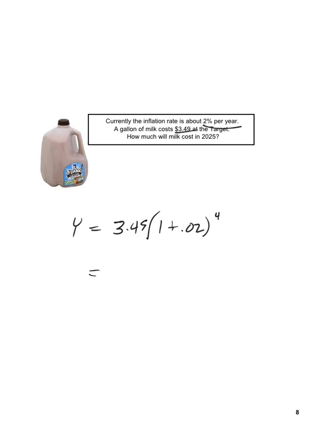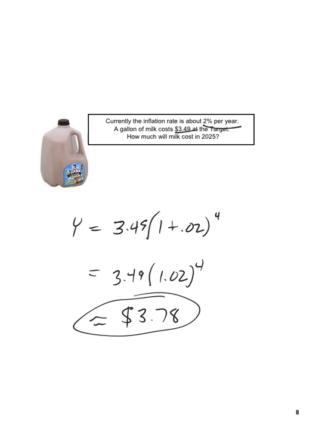So we've got 3.49 times 1.02 raised to the 4th, and that would mean that in 4 years we could expect a gallon of milk at this inflation rate to cost about $3.78. So it would go up almost 30 cents over the next 4 years at an increase of 2%.